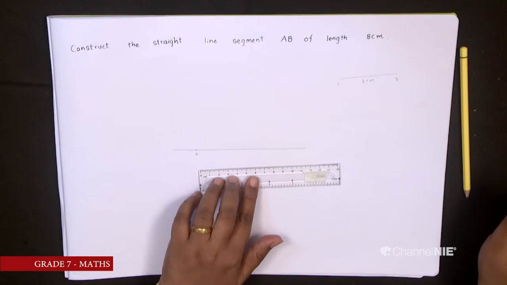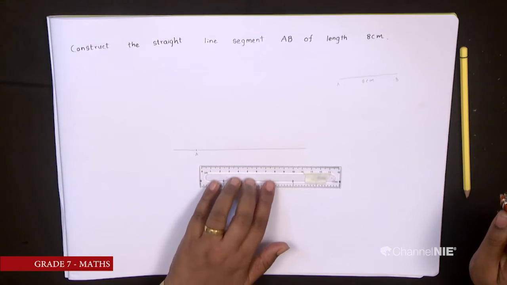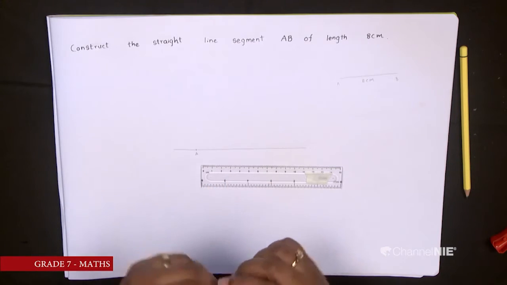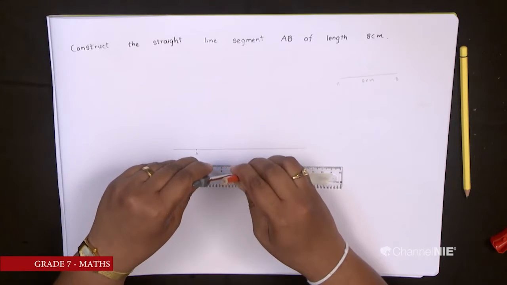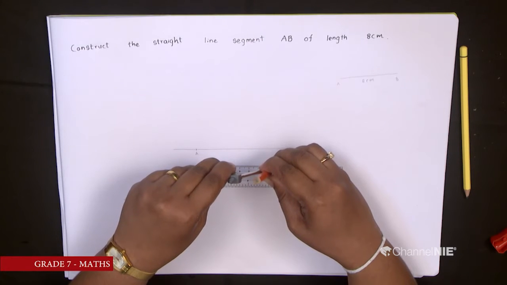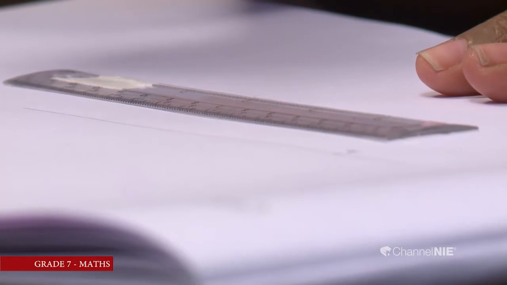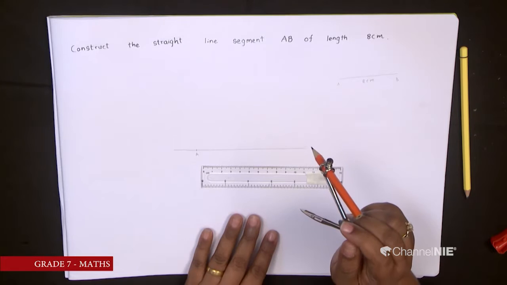Therefore, we need to get 8 centimeters to a pair of compasses. So, here you have to use a ruler. Place the tip of the pair of compasses on 0 and the tip of the pencil on 8 centimeters. Right. Now, we have got 8 centimeters to a pair of compasses.